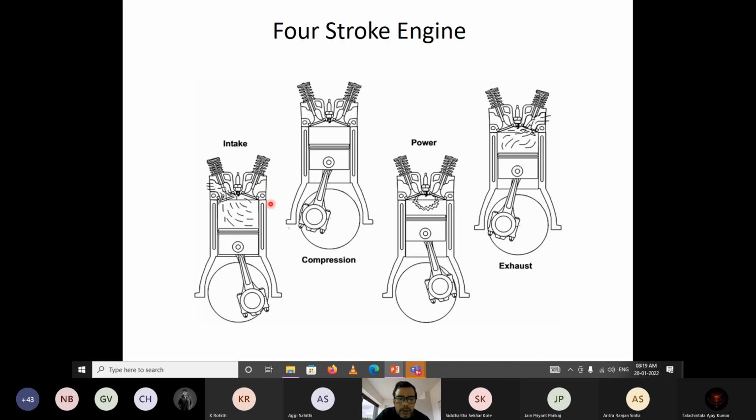In the intake stroke, the piston moves down from the top dead center to the bottom dead center. In that process, the intake valve is open and the fresh mixture of fuel and air, or only air, comes into the combustion chamber.